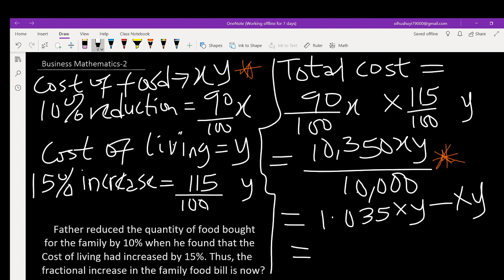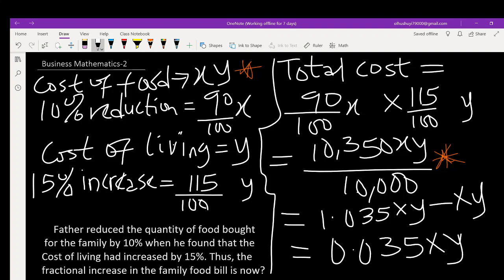And that will be equal to 1.035XY minus 1XY, that will be 0.035XY. This is the present cost of living.